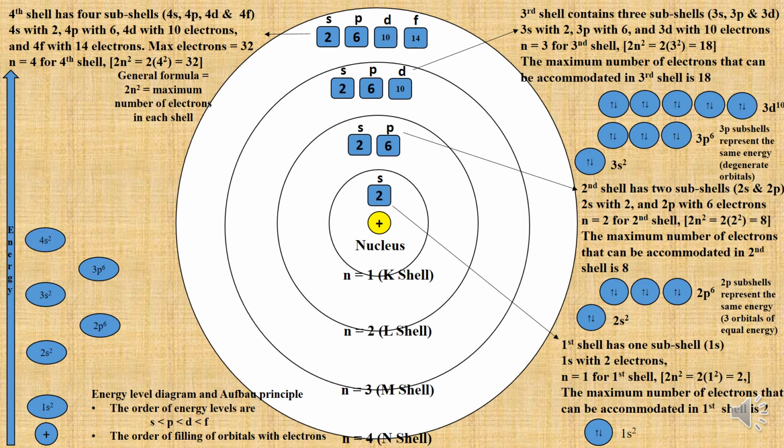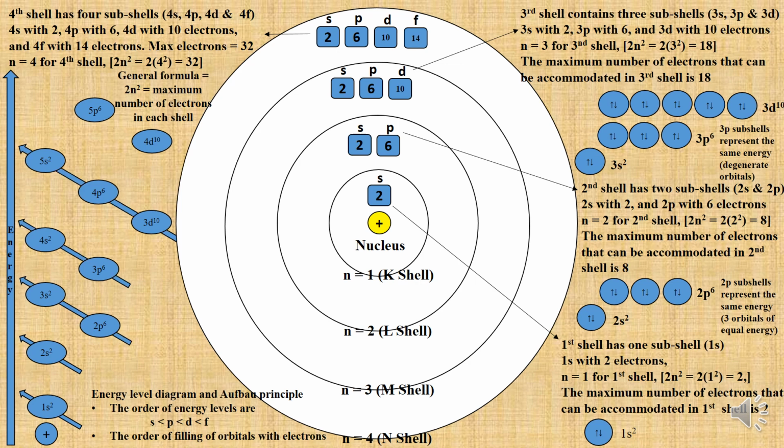The filling starts with the lowest energy orbital, that is 1s2, followed by 2s2, 2p6, 3s2, 3p6, 4s2, 3d10, 4p6, 5s2, 4d10, 5p6, and so on.